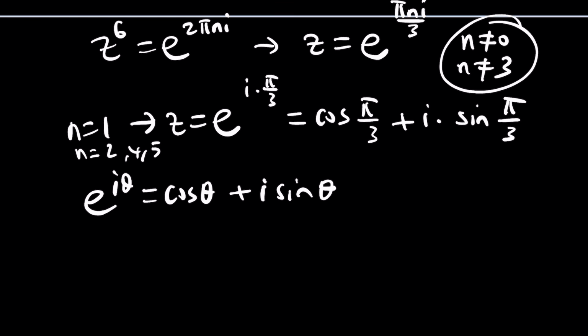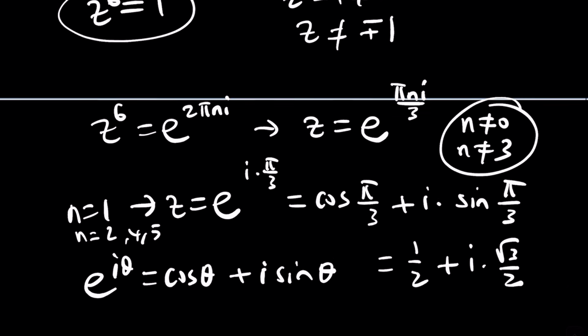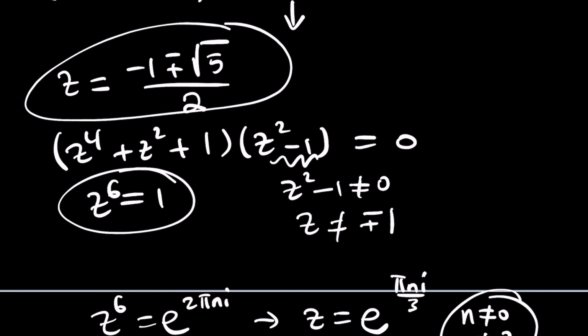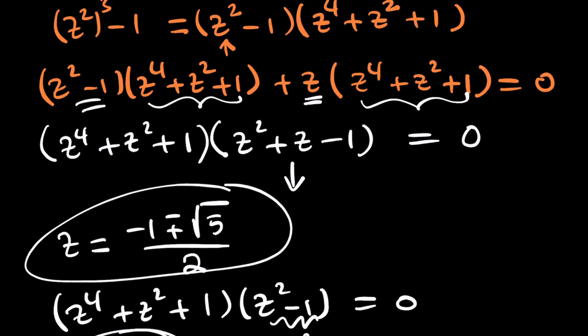That's it. You only get 4 solutions because it's a quartic. Yay. And cosine pi over 3 is cosine 60, which is the same as sine 30, which is 1/2, plus i times root 3 over 2 will be another complex solution. And of course, we have these real solutions as well. Together, we have 6 solutions because this is a hectic equation.